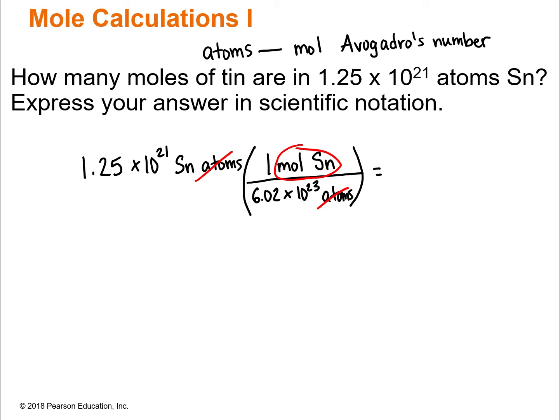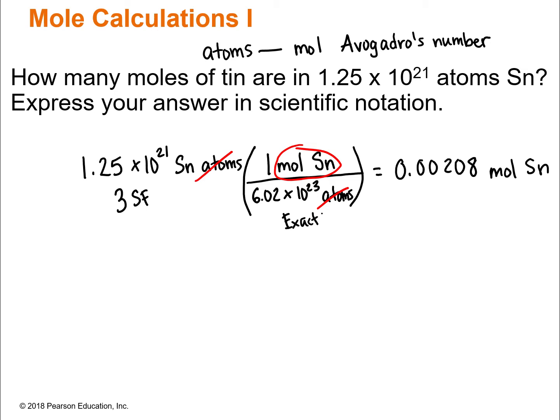And don't forget your units. Remember, we need to do scientific notation, and we need to account for sig figs. Your calculator does not care about sig figs, and it also does not care that I asked for scientific notation. We've got 3 sig figs in the number of atoms.